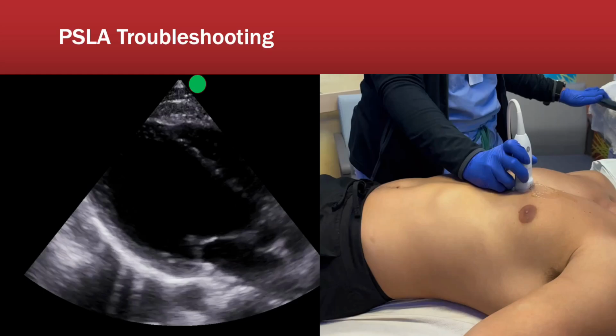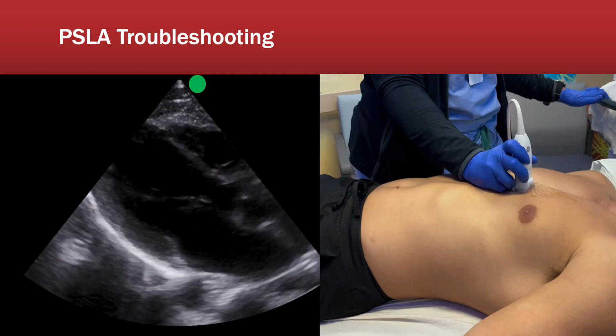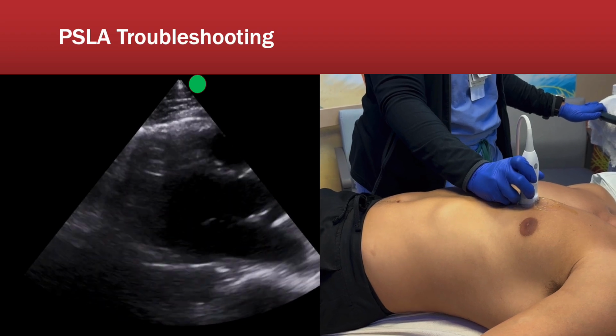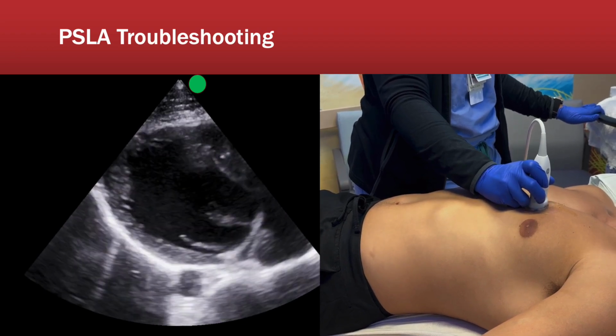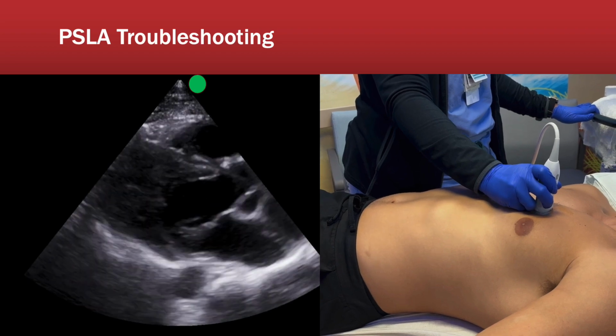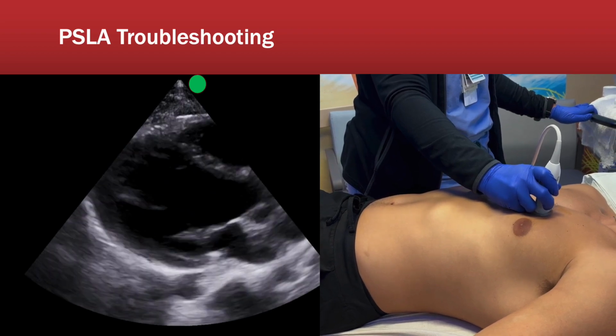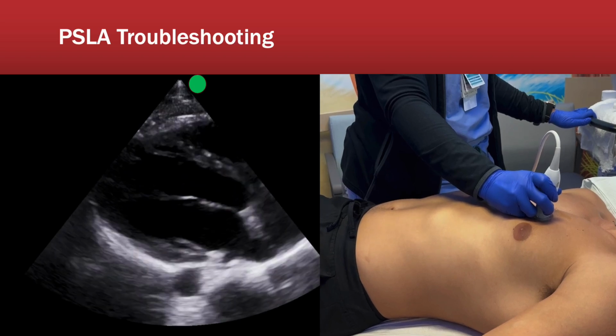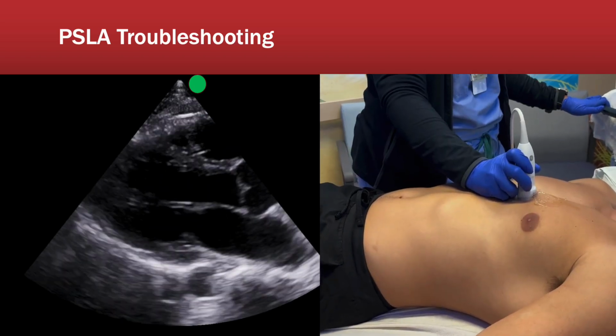Sometimes when trying to acquire the parasternal long axis view, you can actually end up with a heart that looks like it's slanted upward. To actually fix this picture and obtain the ideal horizontal parasternal long axis view, like we saw in our previous slide, all we have to do is move your probe from the position where you're at to a more cephalad position, so essentially jump to the rib space above.